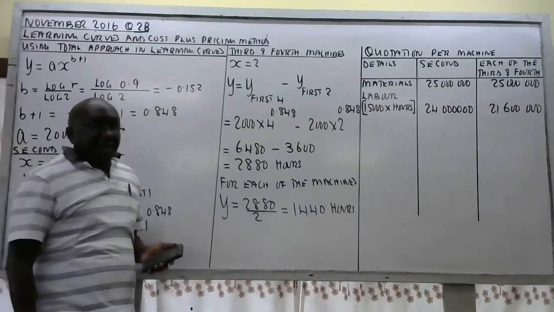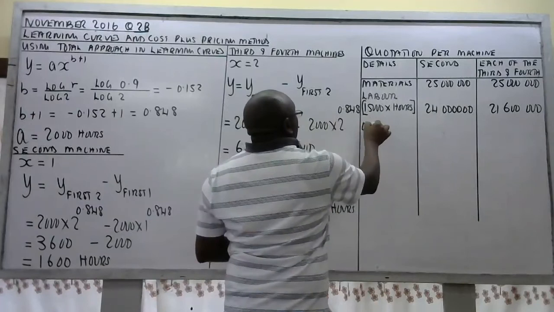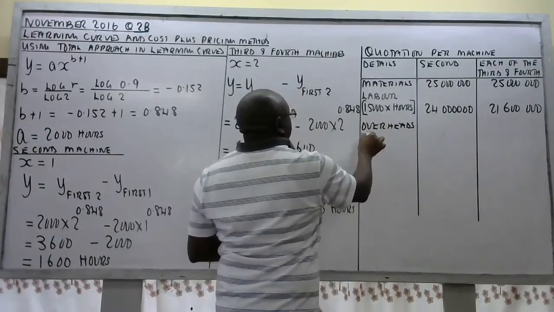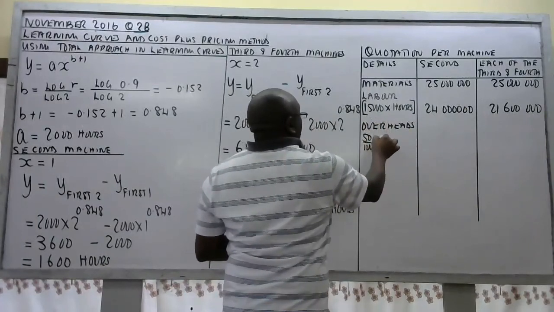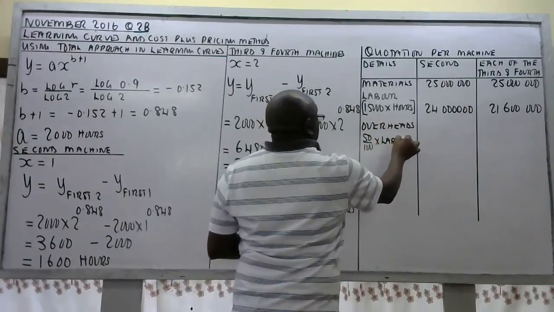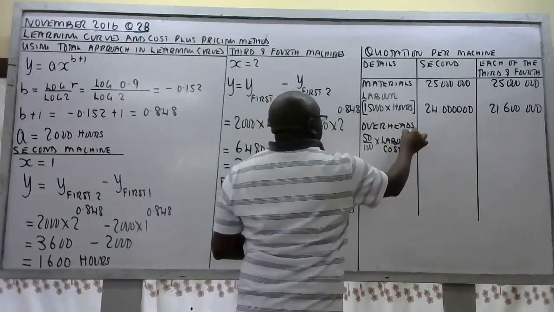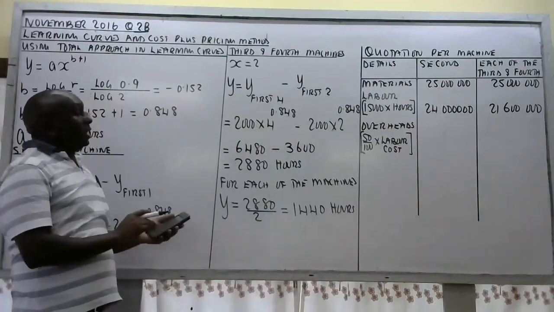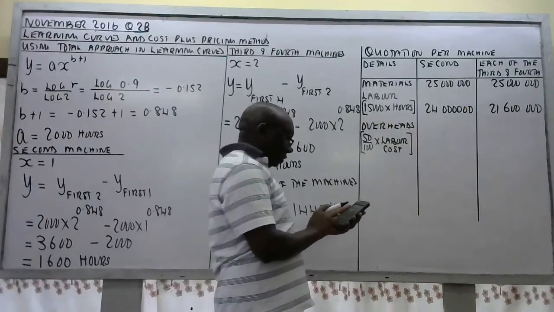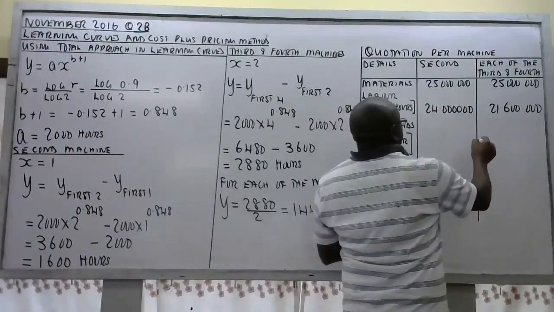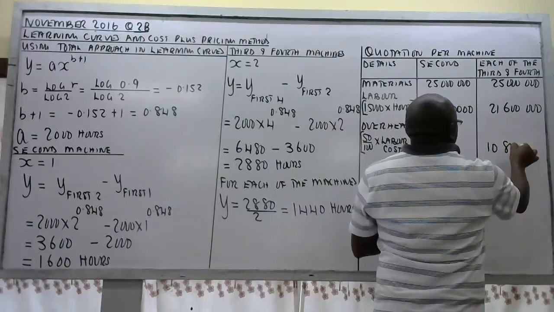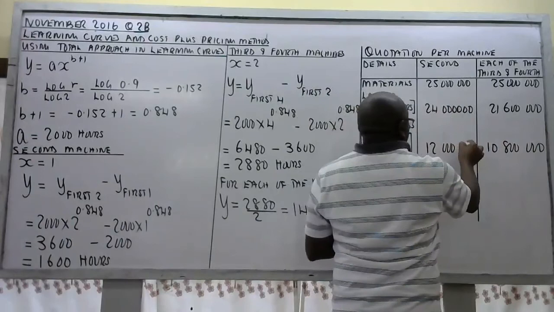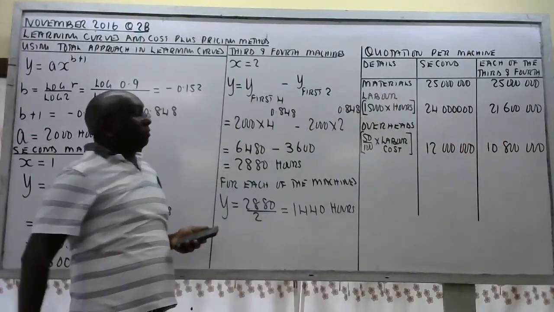The other one is overheads, and this is 50% of labor costs. So times 0.5, this is 12 million, and this is 10,800,000.